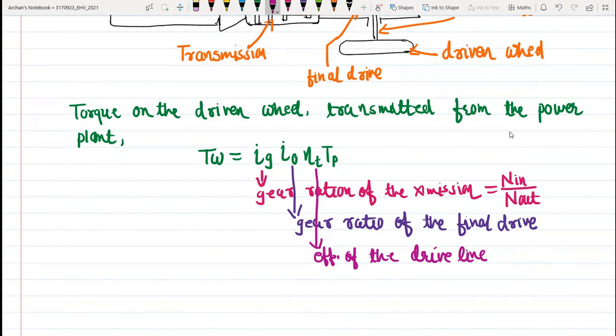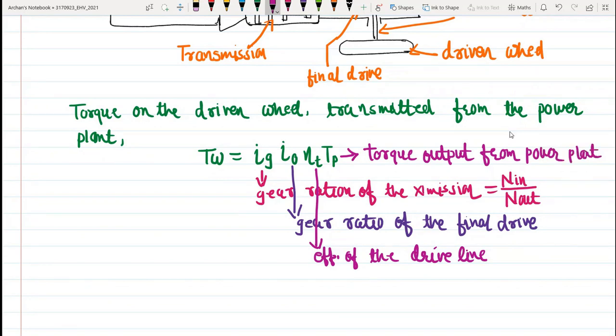And last, this Tp is the torque output from the power plant. So these are the different terms which are used in the torque of the driven wheel, right? So this is our case.